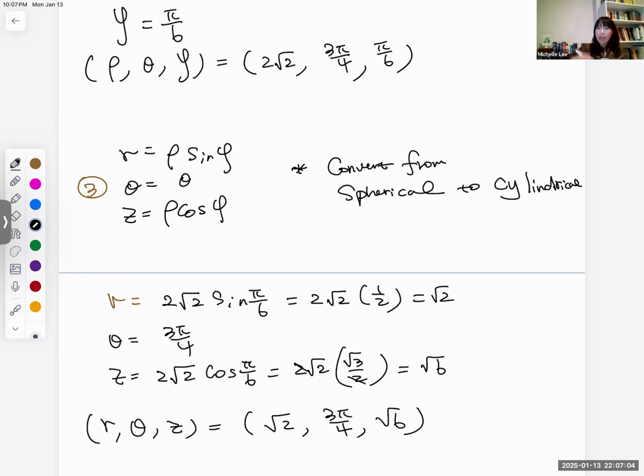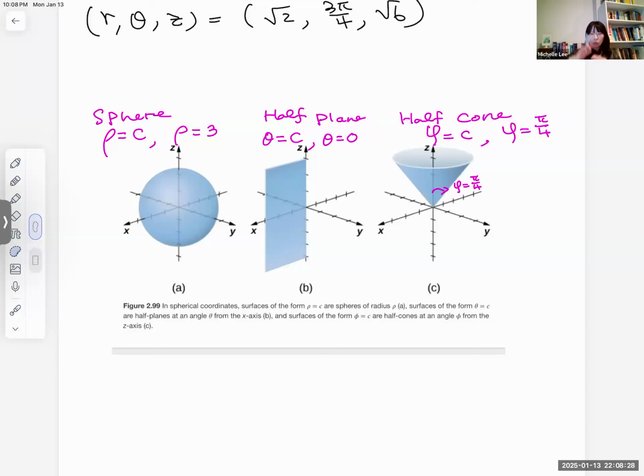Okay. Now, let me bring the picture again here. Let's take a look at the first one. The shape is a sphere, right? We had the equation x squared plus y squared plus z squared equal to some number, which is r squared, right?